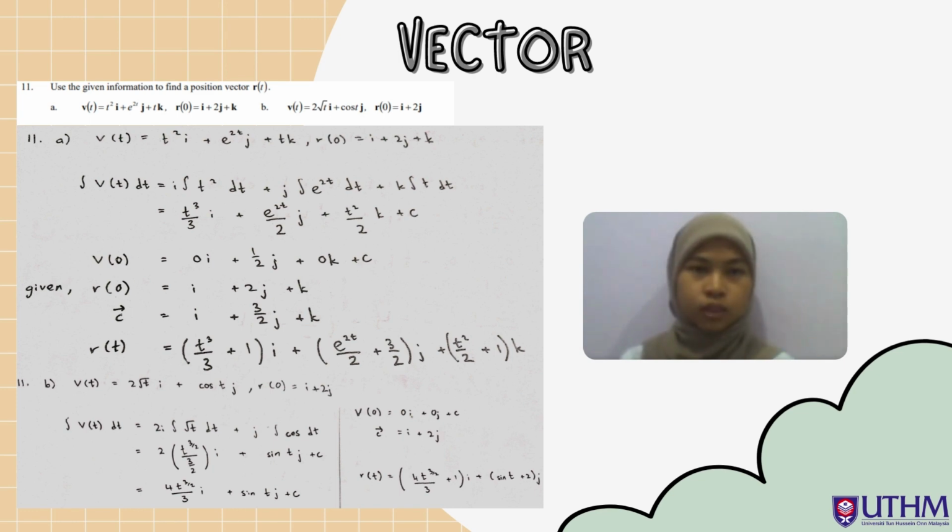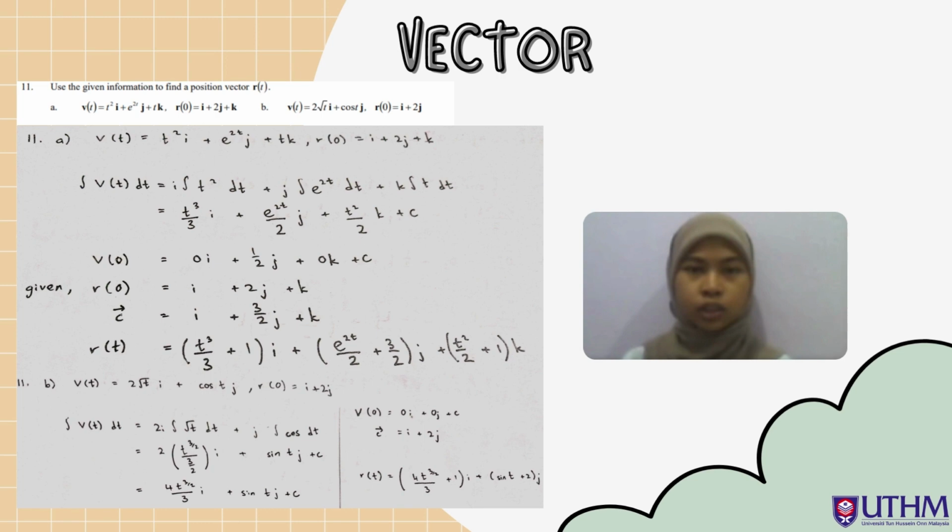First, we need to integrate the given question. That is t power of 2, we integrate, we get t power of 3 over 3. Don't forget to put the constant c, because it is easy for us to integrate. And then we integrate e power of 2t, we get e power of 2t over 2.